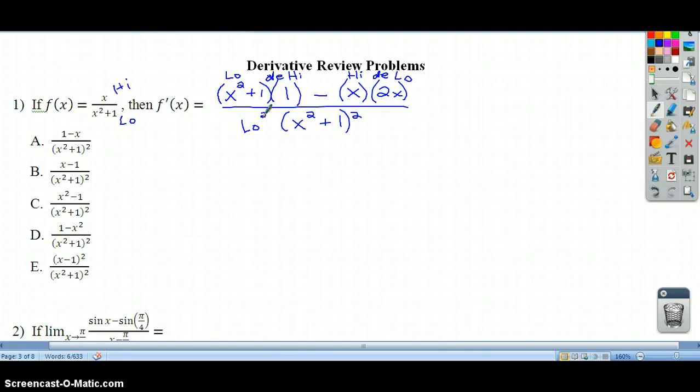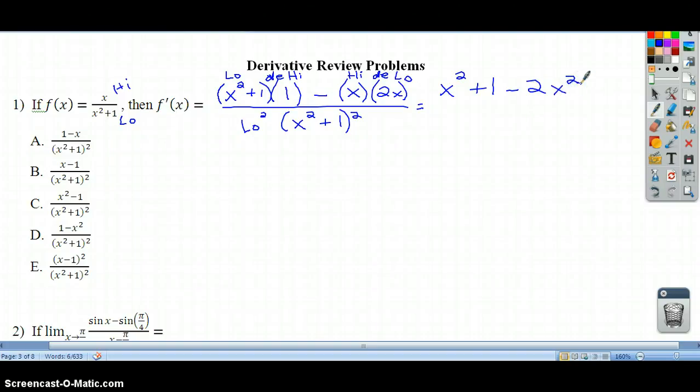So there's what we have. We can simplify that a little bit. We need to make it look like one of our answers. So that doesn't look like one of our answers just yet, but we'll see. So on the numerator, we'll get x squared plus 1 minus 2x squared.